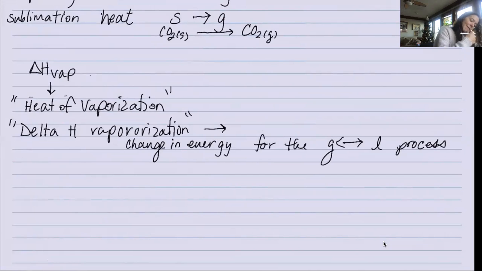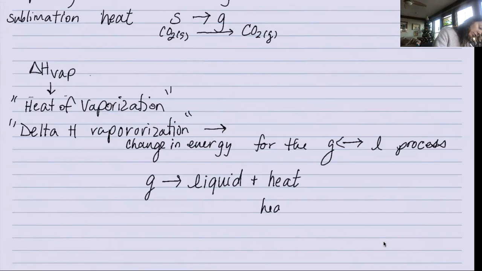Now, if we are turning a gas into a liquid, you know that we must remove heat. So heat is a product. Heat is removed. We've got to cool it down. That is an exothermic process.